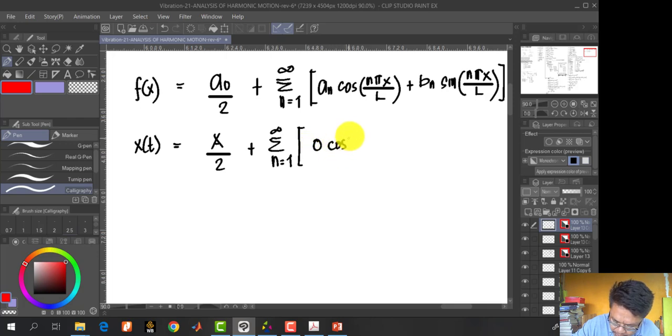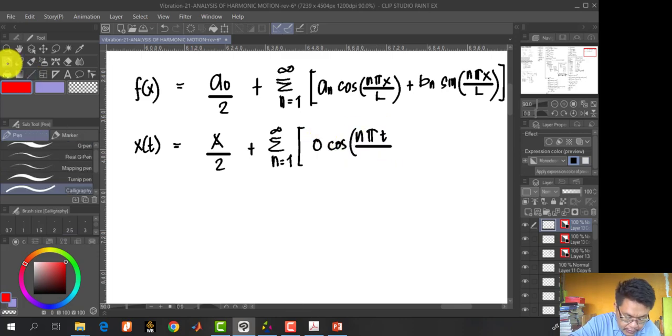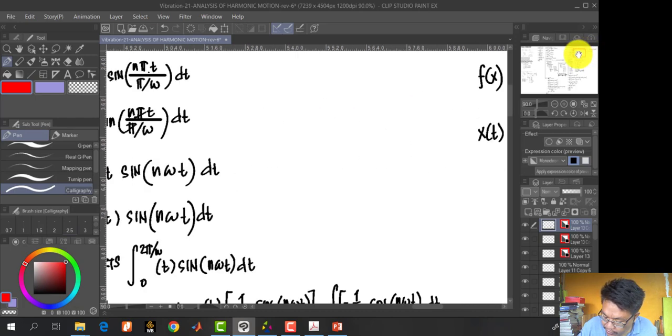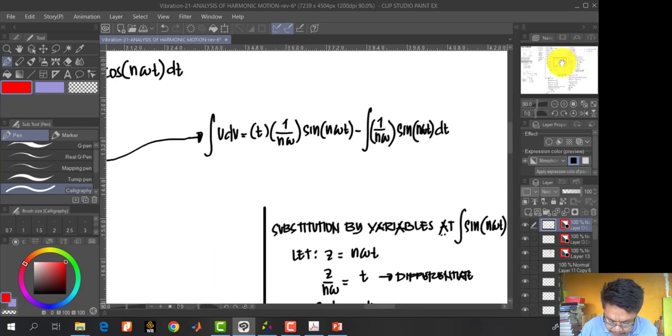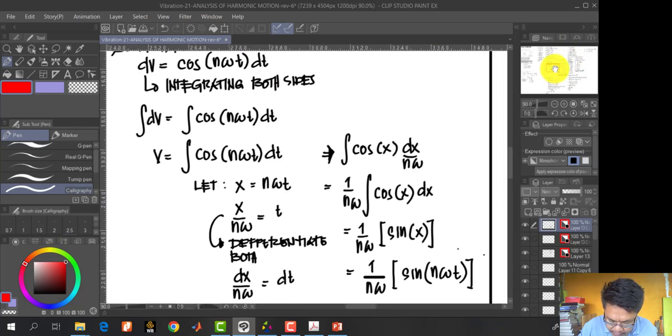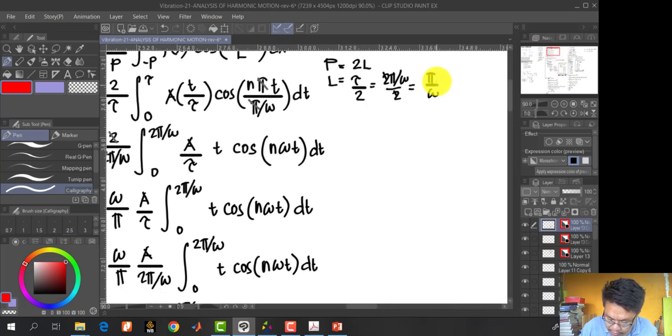Then cosine of n terms, pi, and x will be t, all over the value of L. For the value of L, let me find that one. It is here: that will be pi over angular velocity.